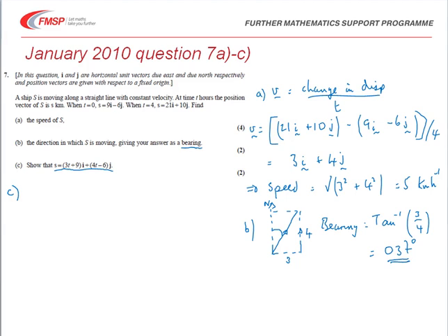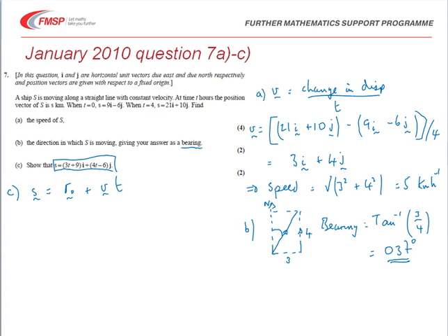In part C of the question, we're asked to show that s is given by this expression in the question, and that really involves us using the fact that the displacement at any time will be the initial displacement, let's call it r0, plus the velocity multiplied by time.